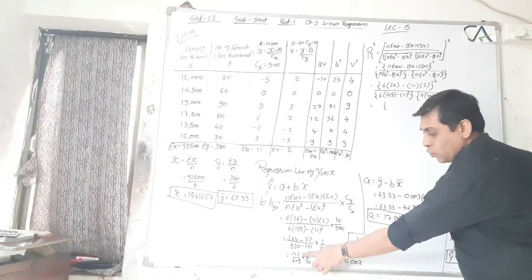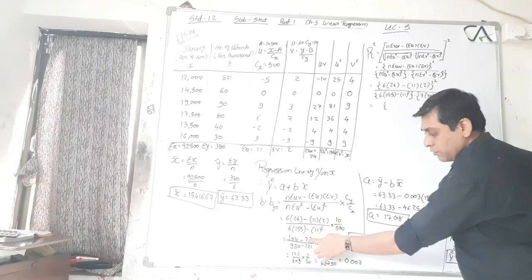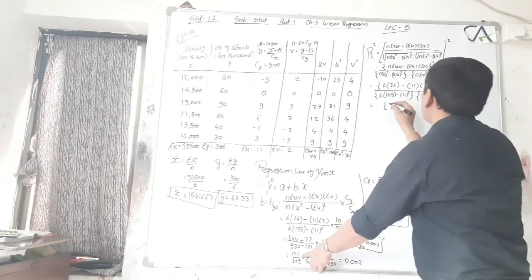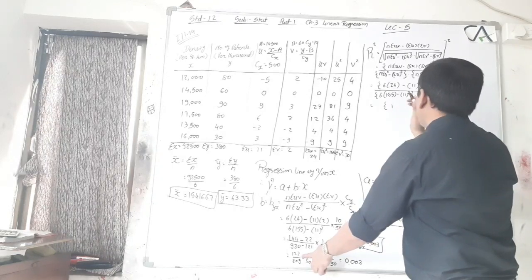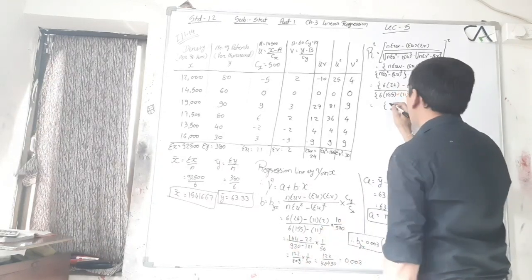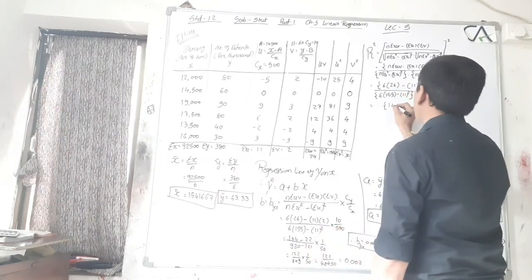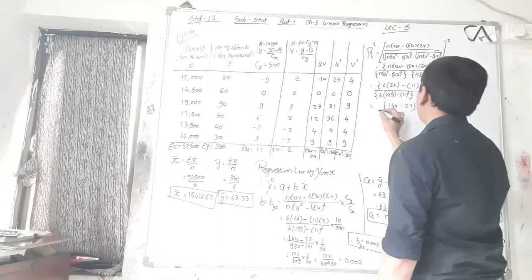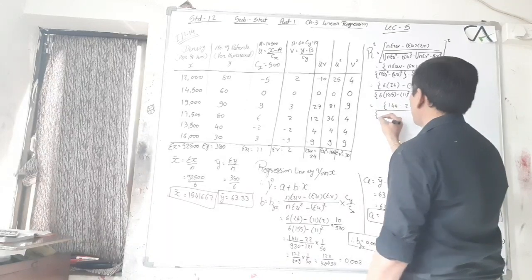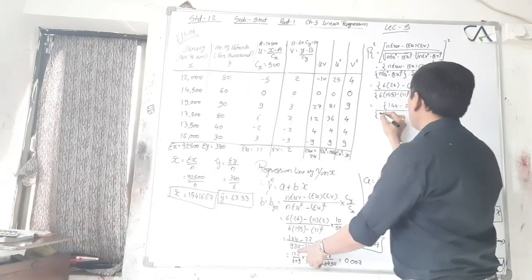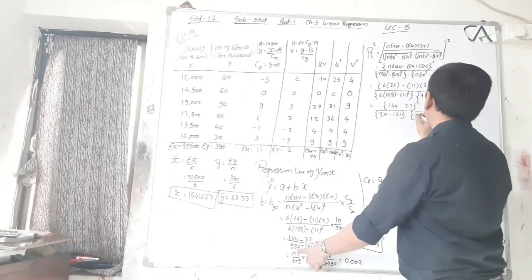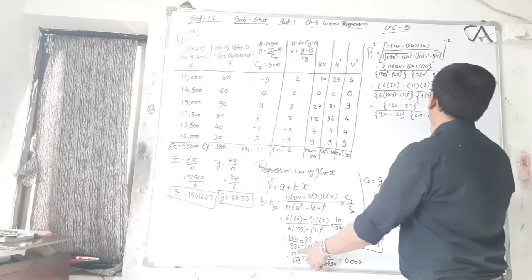That is 122, after multiplication and simplification. So here we write 144 minus 22 whole square divided by 930 minus 121 into 210 minus 4.